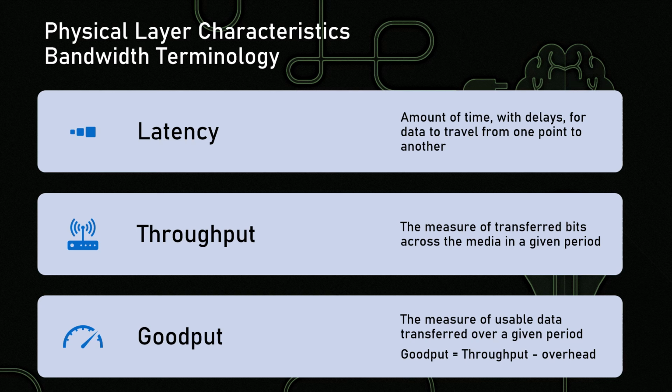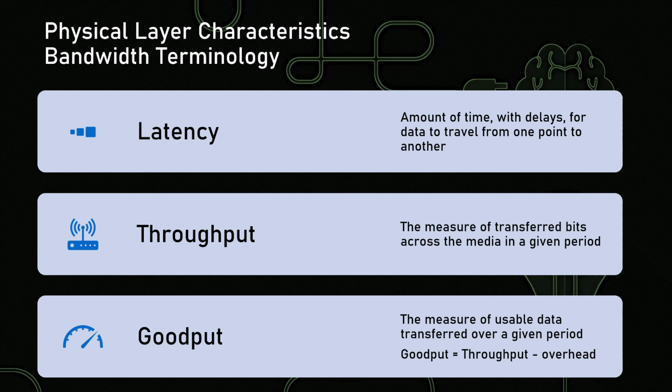Throughput is the measure of transferred bits across the media in a given period. So bandwidth is the maximum possible. Throughput is what you're actually getting. And then goodput is the measure of usable data transferred over a given period. So the overhead, the amount of actual burden that is required to process the header information, possible lost packets, things like that, that's considered overhead.